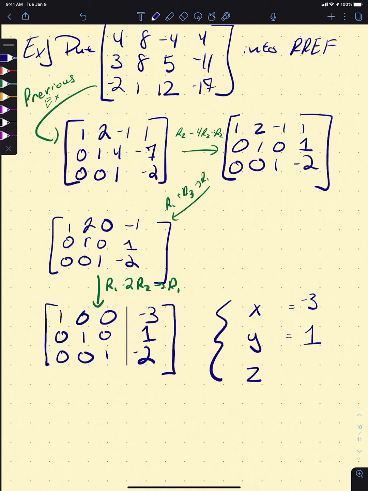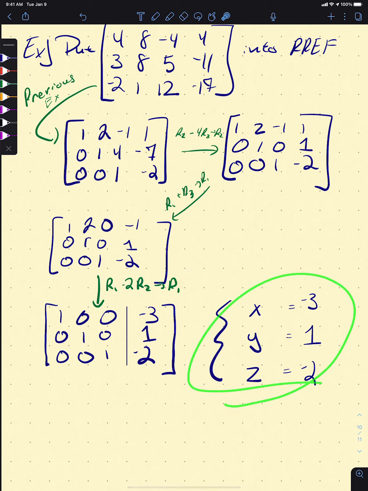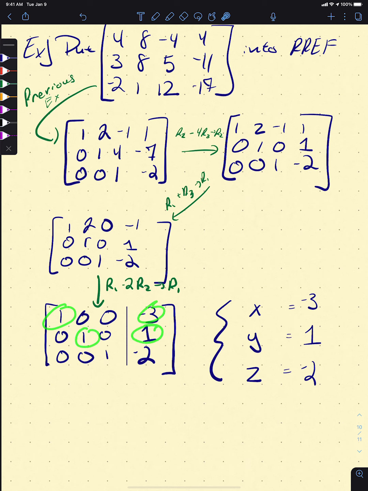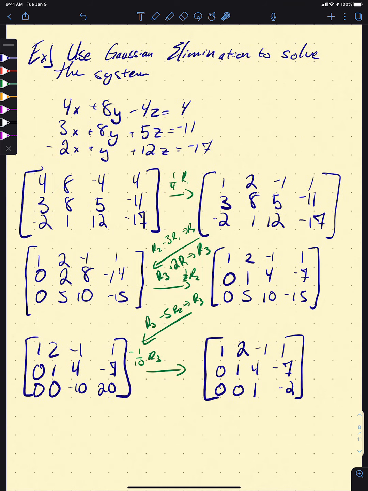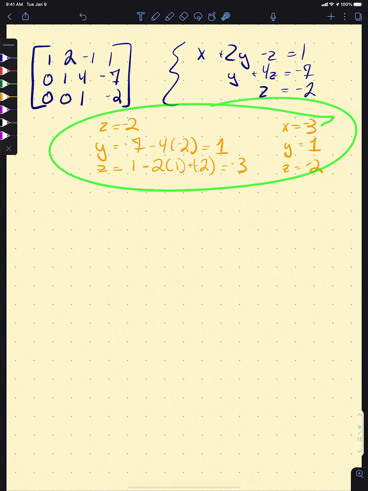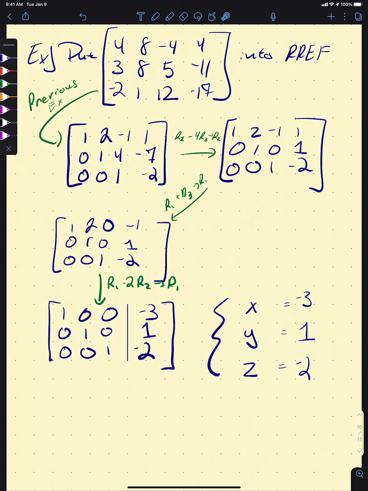We're going to have z plus 0x plus 0y equals -2, right? That's the power of going all the way to RREF, it allows you to simply read off your answers because they're just right there, right? X is -3, Y is 1, Z is -2, okay? You don't need to trouble yourself with back substitution if you take your matrix reduction a couple steps further.